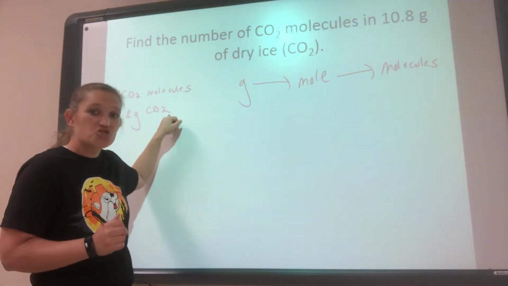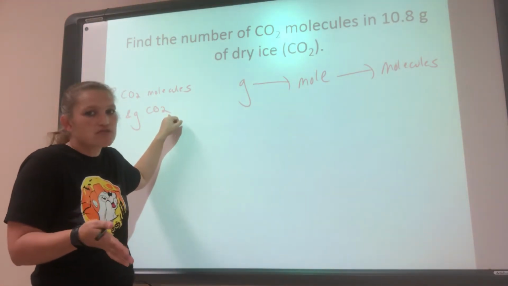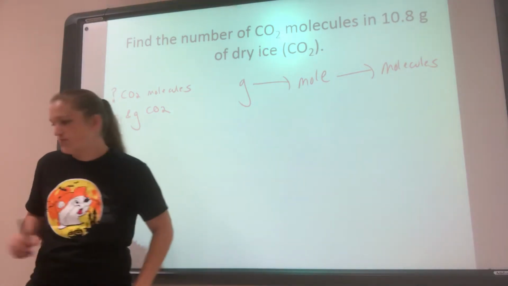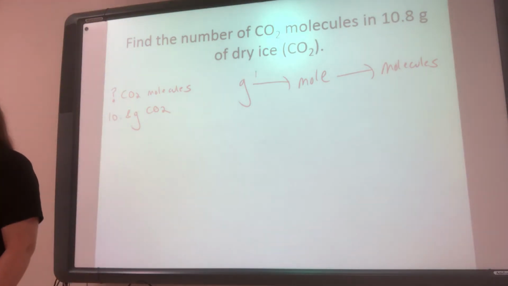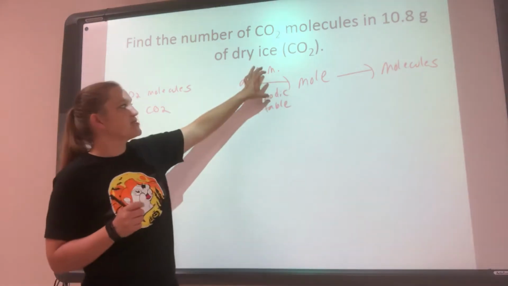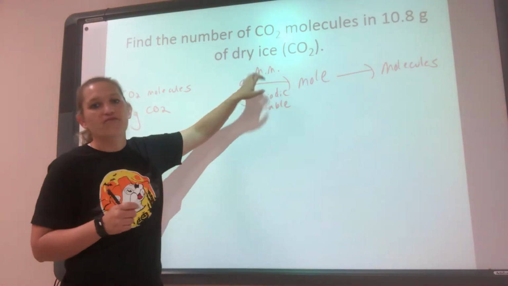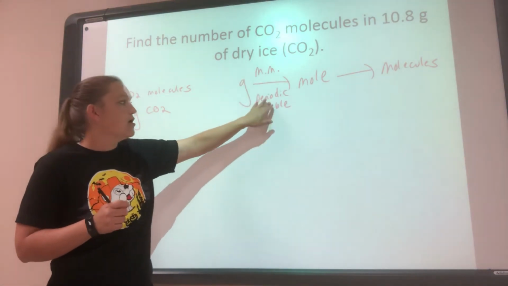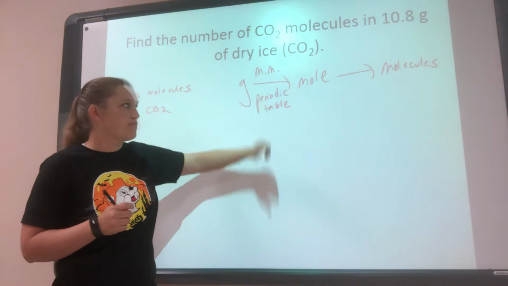So now we just have to change the word from molar mass to molecular mass. So it's still MM, molar mass, molecular mass, and this comes from the periodic table. So the process is the same, except we're gonna have to do a little extra step to get this number mathematically versus just finding it on the periodic table. We have to use the periodic table and add it up.